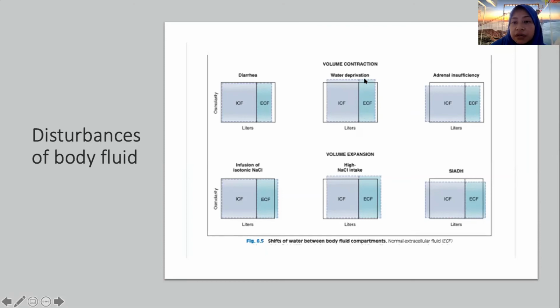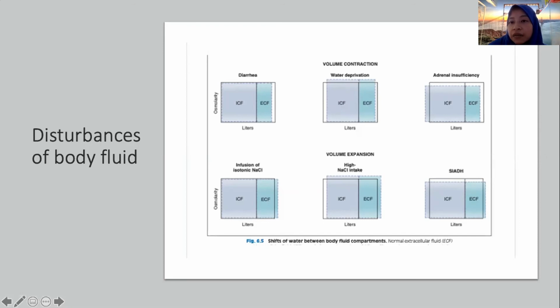So you have less water in the ECF, and the osmolarity will also increase. What happens is that the water in the ICF will then try to move into the ECF, until the osmolarity of the ICF reaches the same as the ECF. So in the ICF, the osmolarity will also increase, and there will also be volume contraction.